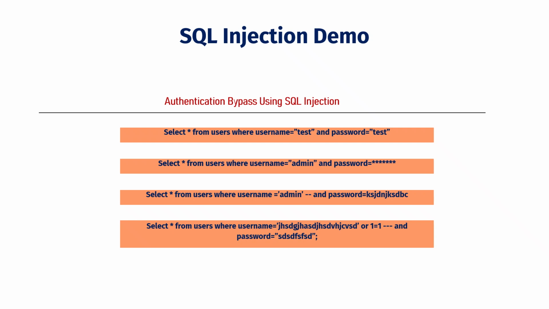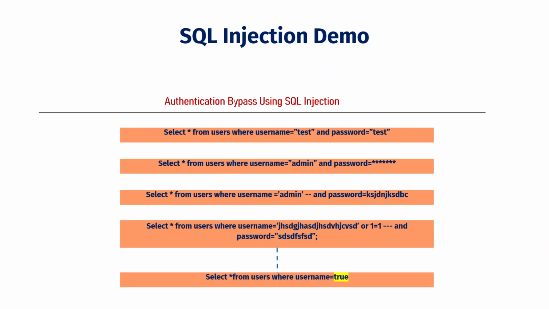So the statement returns a boolean value of true. Username is equal to random value or 1 equal to 1, which is always true, and the DB will pull the first record, which in our case is the admin, and the application will allow us to log in as an admin user.